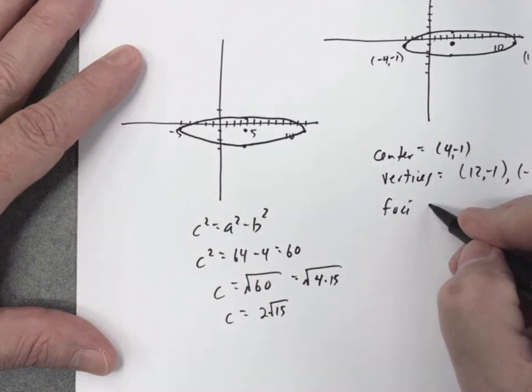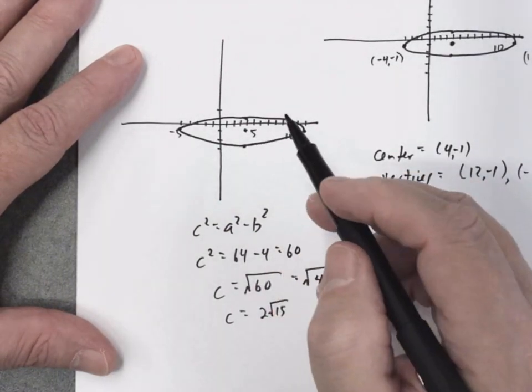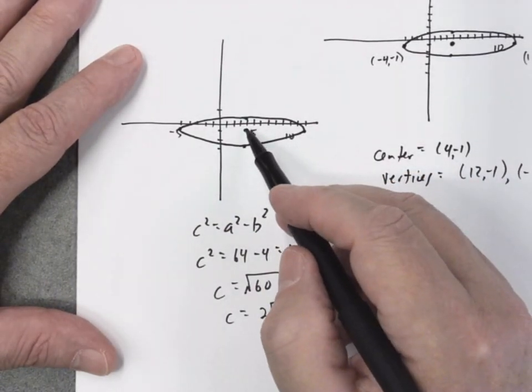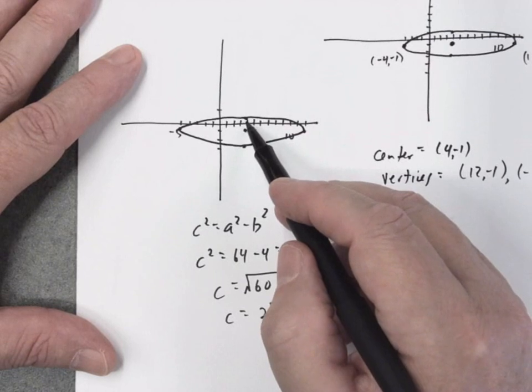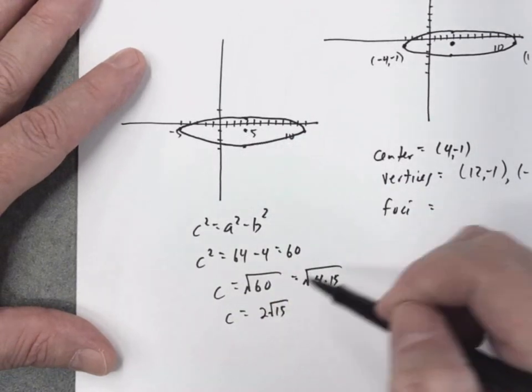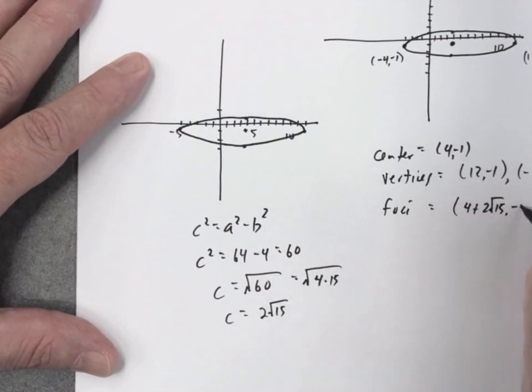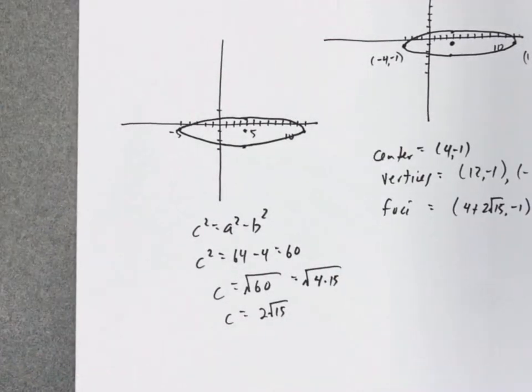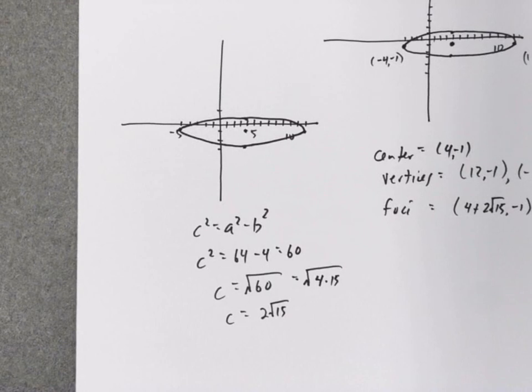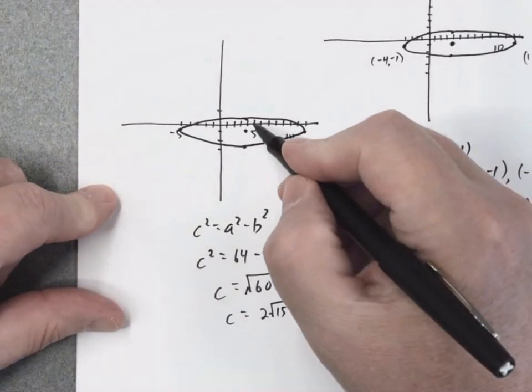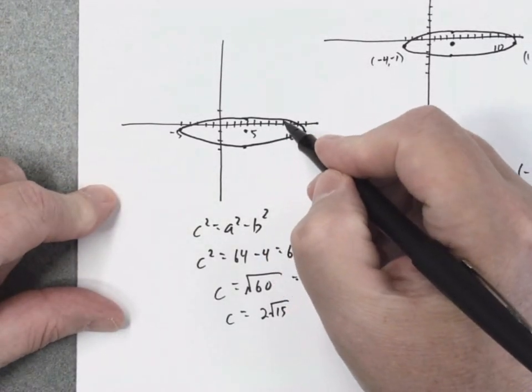So hopefully you can see the foci. I'm starting here at x is 4, and I have to add 2 square root of 15 to get to my first focus. I can see what that actually equals. The square root of 15 times 2 equals 7.7. 1, 2, 3, 4, 5.